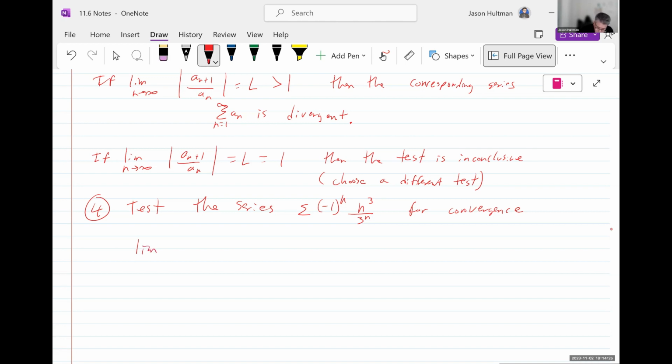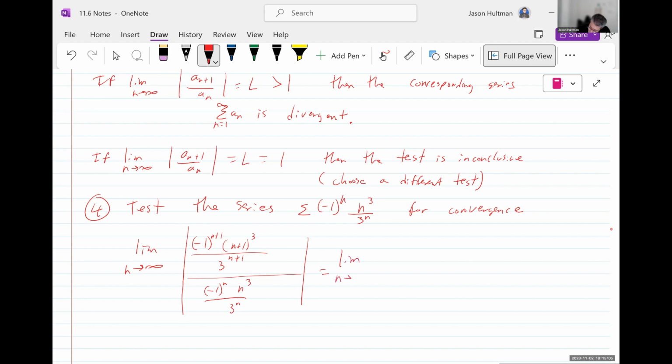Limit as n goes to infinity of the n plus 1 term. So that's (-1)^(n+1), n plus 1 cubed all over 3 to the n plus 1 power. That's the n plus 1th term all over the nth term, which is just (-1)^n n cubed over 3 to the n. And I'm going to flip those fractions upside down.